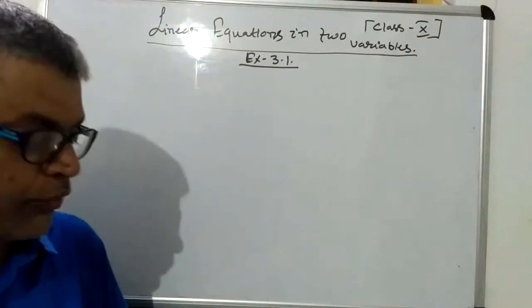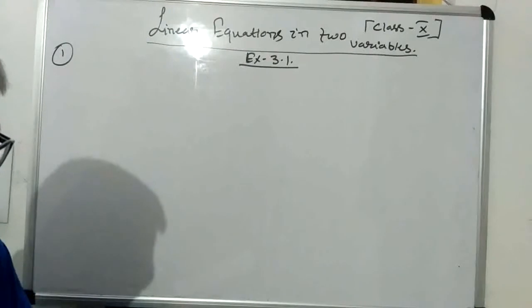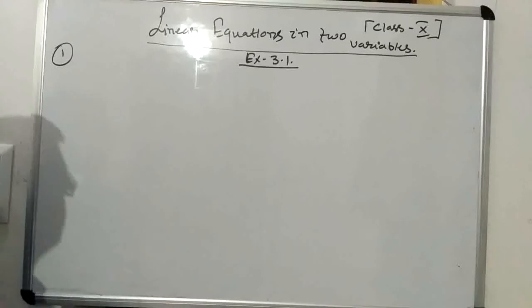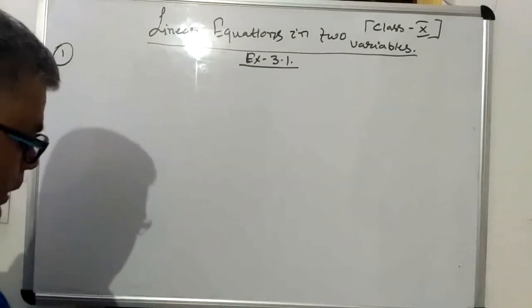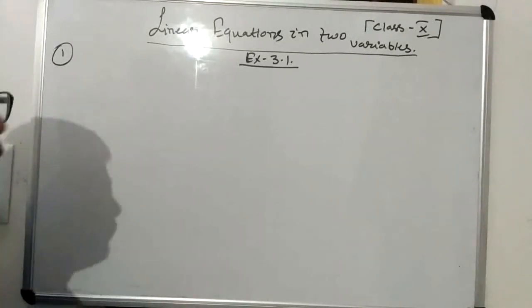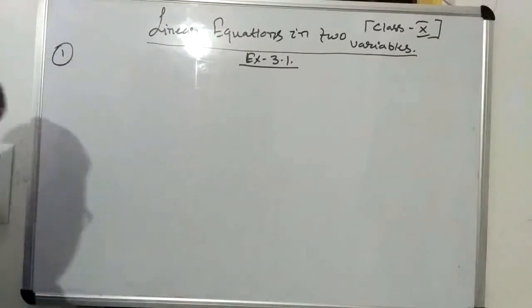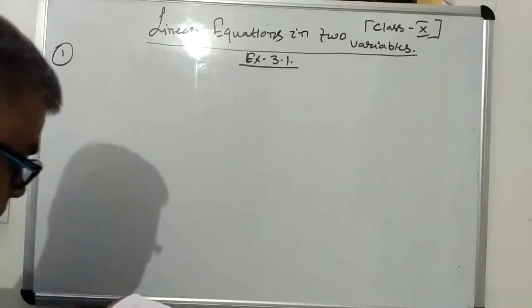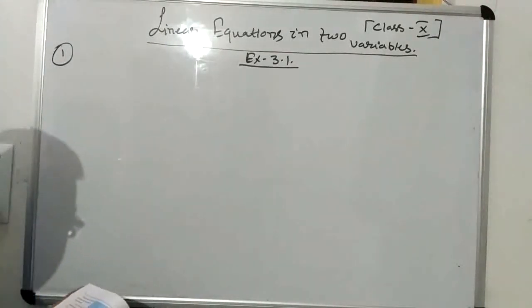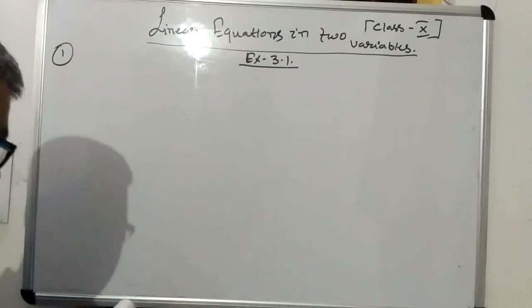Also 3 years from now I shall be 3 times as old as you will be. Isn't this interesting? Represent these situations algebraically and graphically.